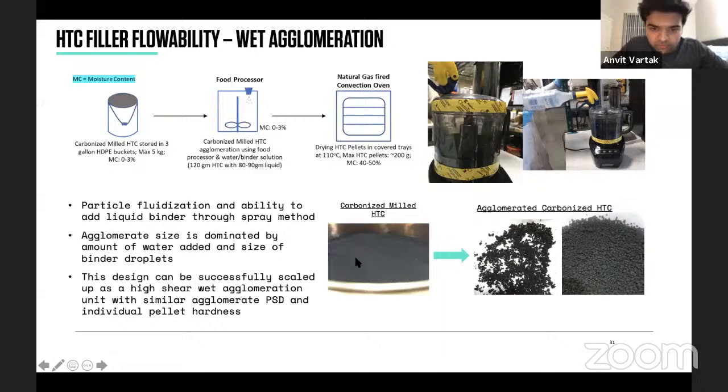So we've gone from these fluffy, very light, dusty particles to now free flowing agglomerates, which are not the initial agglomerates that we saw. These can be easily broken down into, again, a fine particle like this when they go into the rubber, when they're added into the rubber for better processing.